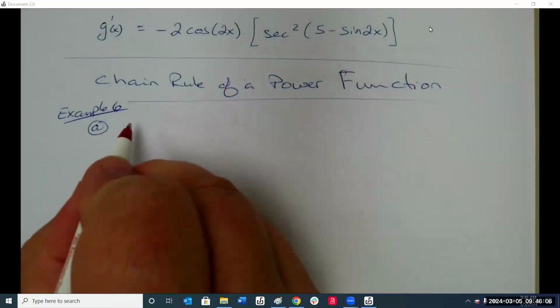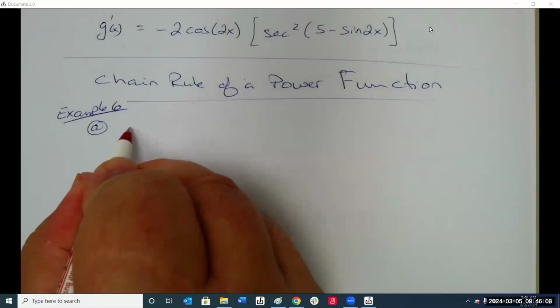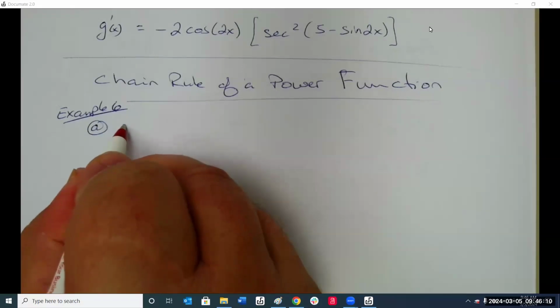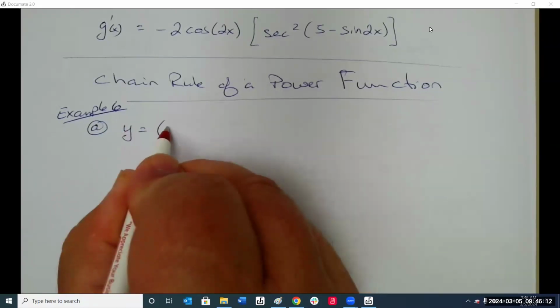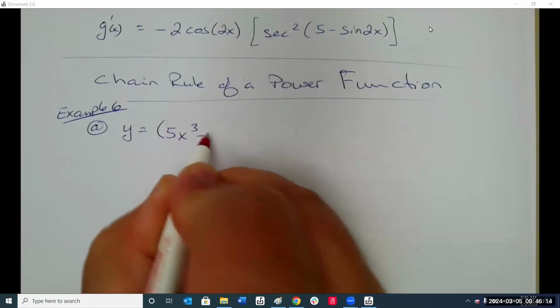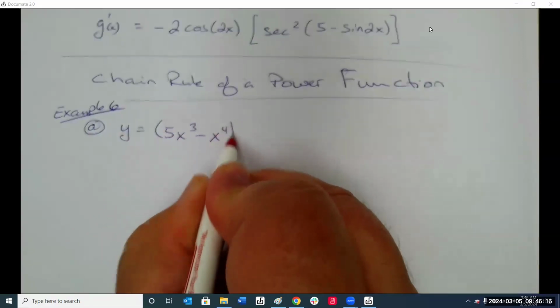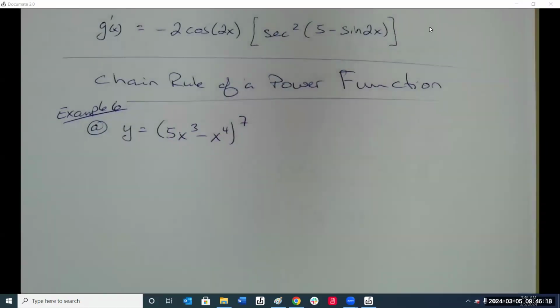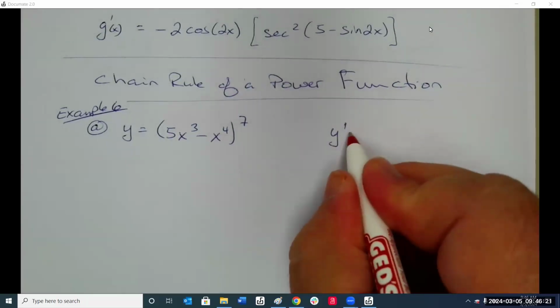If y equals 5x cubed minus x to the 4th, all to the power 7, what is y prime?